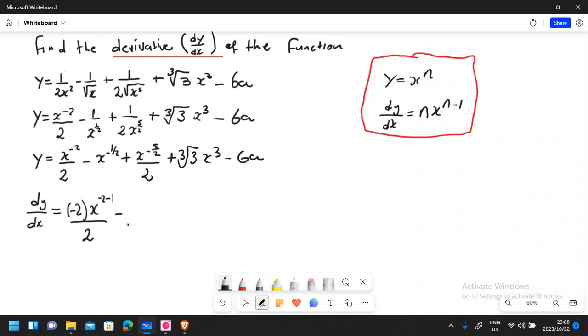Now do not forget that we have the n here. Our n here is going to be -1 over 2, right? And then multiply by x to the power of -half minus half.